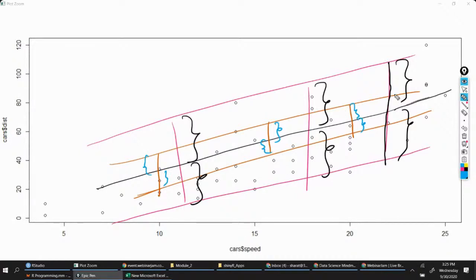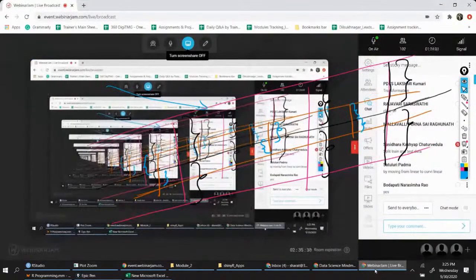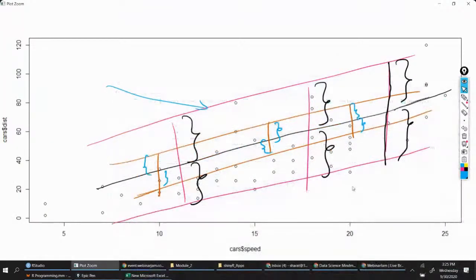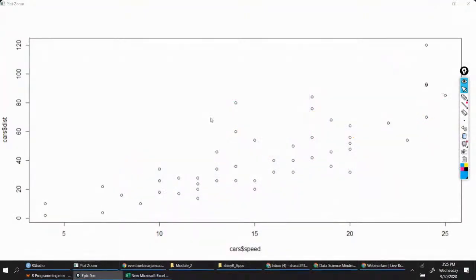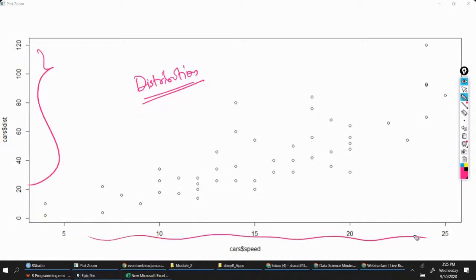But how can I achieve this? How can I achieve reduction in the spread? What should I do? Very good, that's right, Lakshmi Kumar. We need to alter the distribution of the data here. The distribution, that is nothing but the spread of the data, has to be altered. In order to adjust the spread, we need to adjust the magnitude either on one side or both.